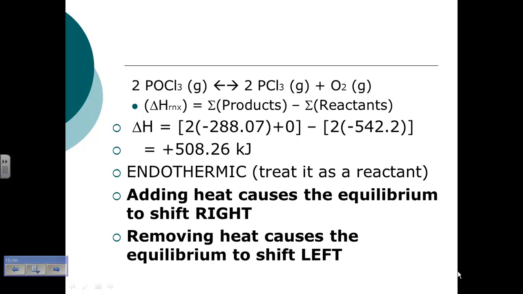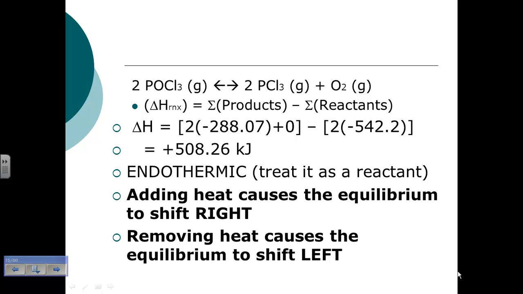The sum of the product minus the sum of the reactant. Did you find gaseous POCl3? It had a value of negative 542.2 kilojoules. The sum of the product minus the sum of reactant gave us a positive overall delta H.